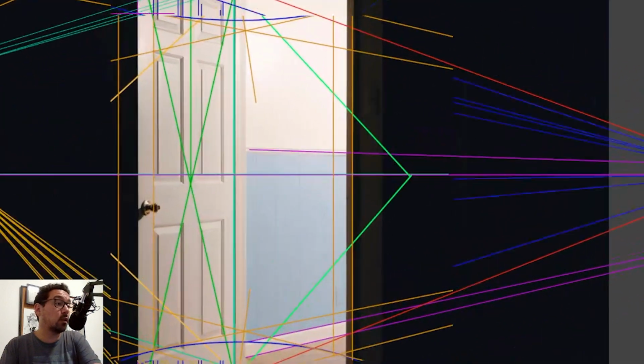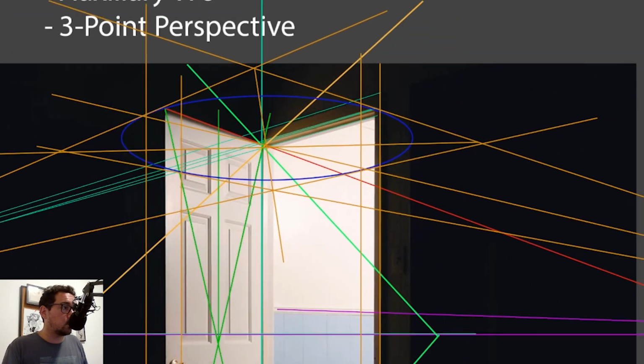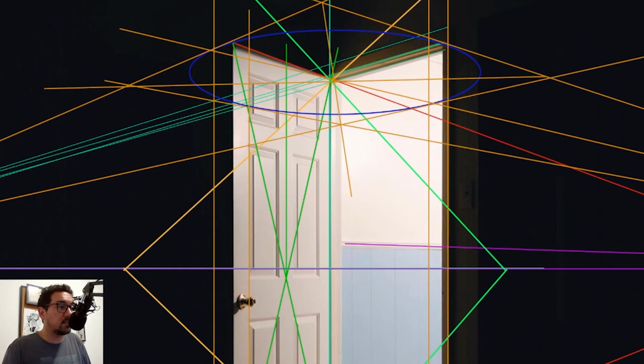And there's another one, just a quick segue from when we started to duplicate. If instead of being very straight, it was like this, more of a Gothic kind of angle, then we would have to figure out what that would look like on the other side. So this would be the center line, and then we need to figure out these angles and maybe transfer some of these points.